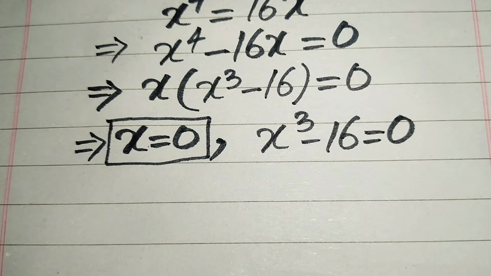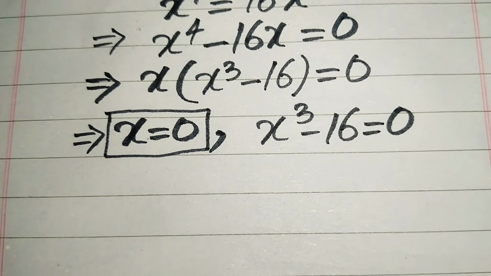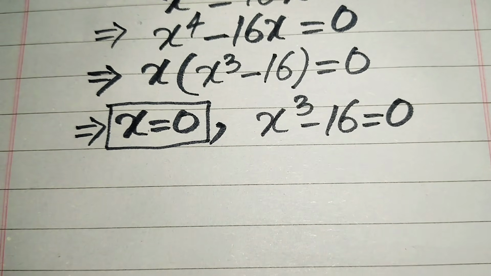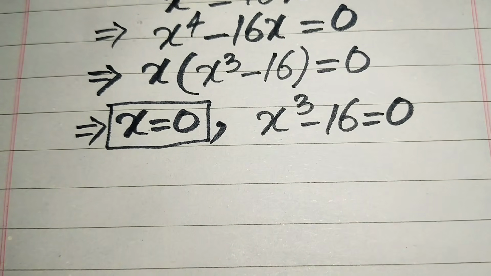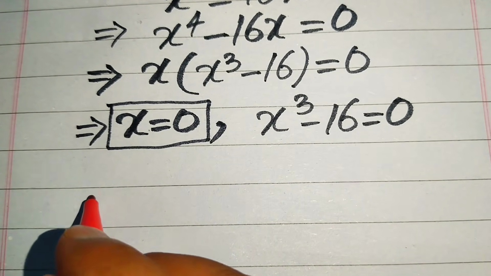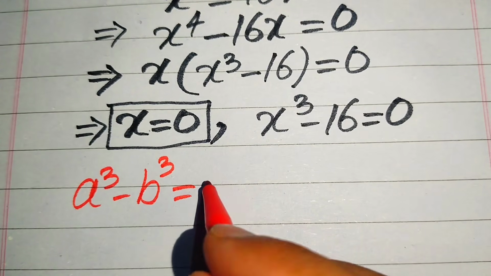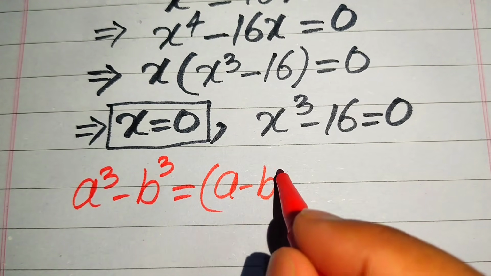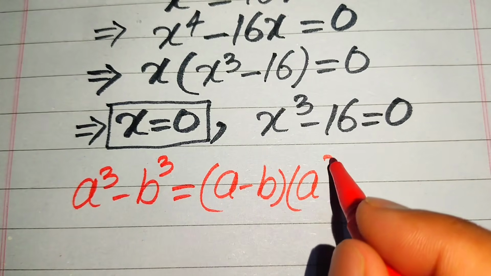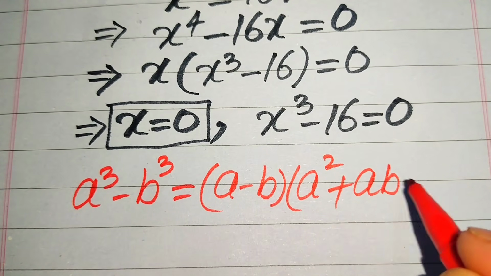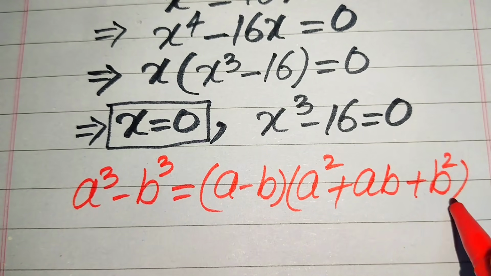For this, we use the cubic formula, which we know: a cubed minus b cubed is equal to a minus b times a squared plus ab plus b squared.